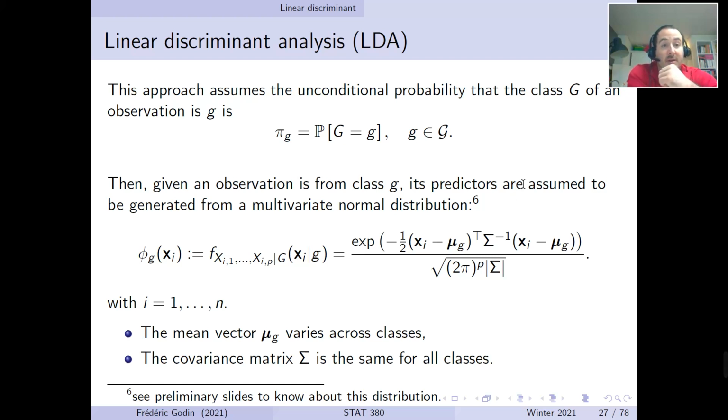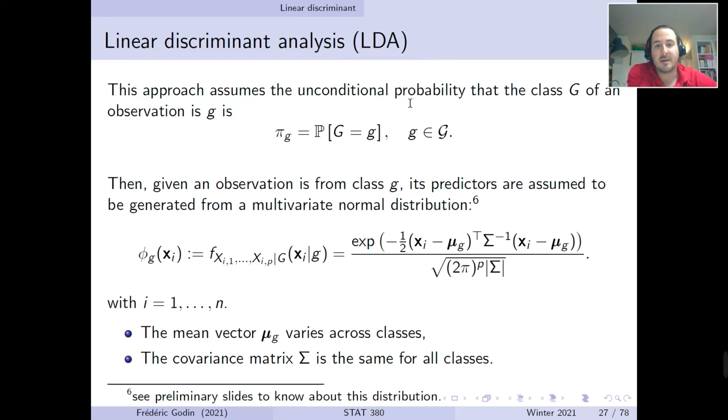In a linear discriminant approach, we assume that the data points were generated from a particular distribution. First we have to assume the unconditional probability for all the various classes. We define pi j as the unconditional probability that some point is drawn from class j. LDA stands for linear discriminant analysis.